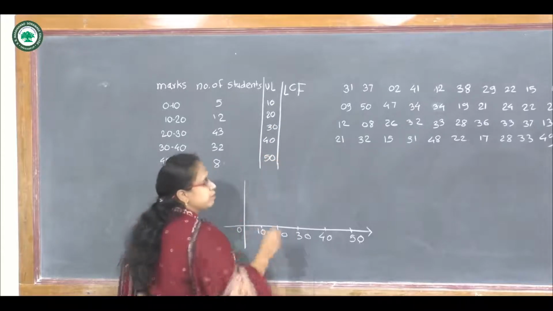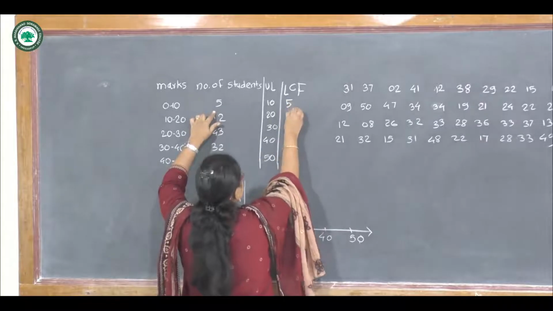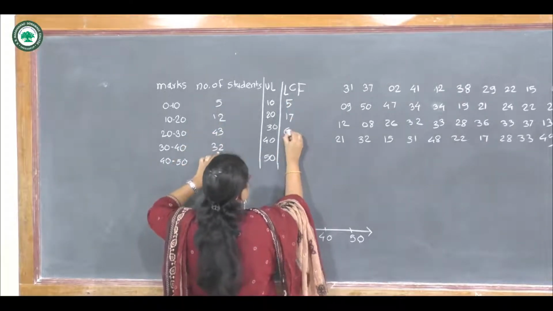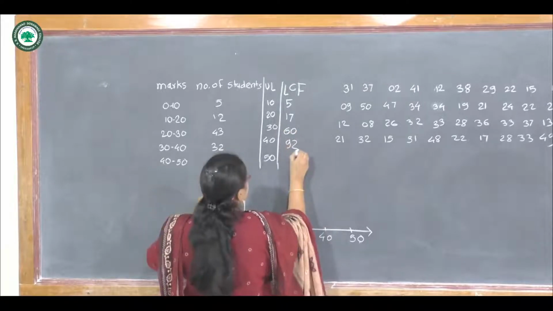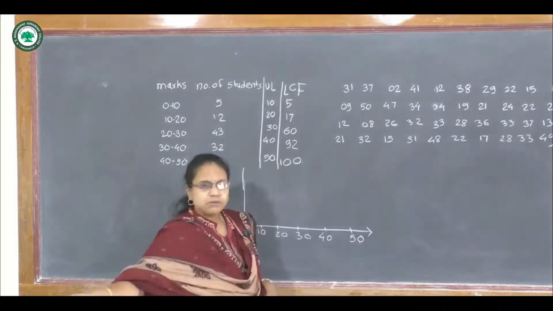We know the formula to calculate LCF: the first frequency as it is, then we add the further frequencies, so 60, then 92 and 100. These frequencies should be taken on the y-axis.